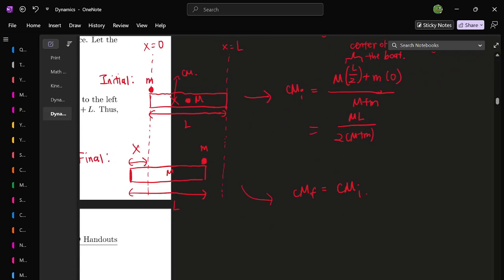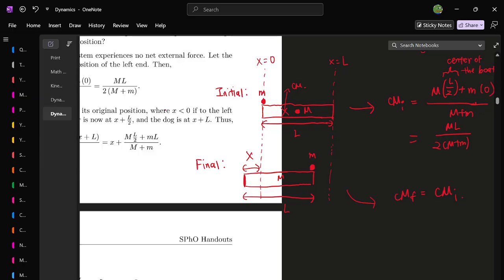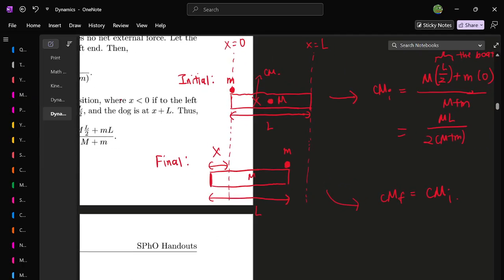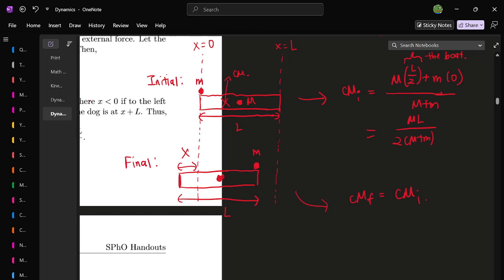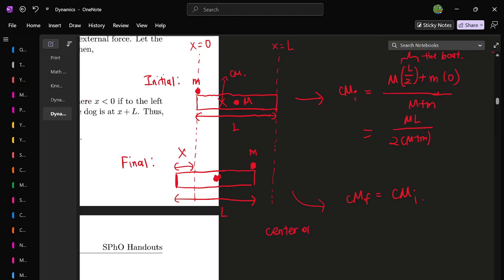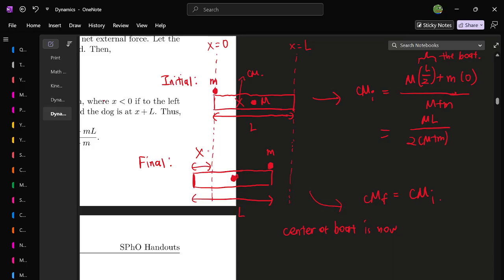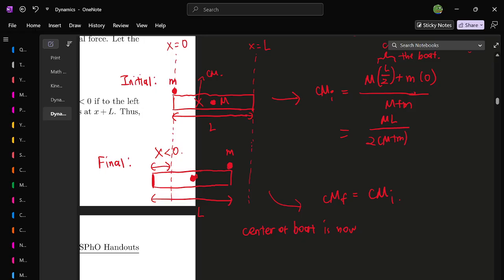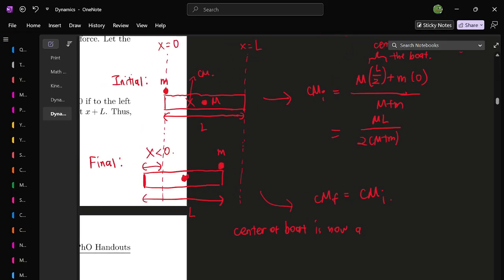So now, how do we express the final CM in terms of x? So we see here that if the boat has moved by x, then the center of the boat now, oh yeah, also we'll define this x to be less than 0 because it moved to the left, consistent with how our signs are defined in our coordinate system. Okay, so the center of the boat is now at x plus L over 2.